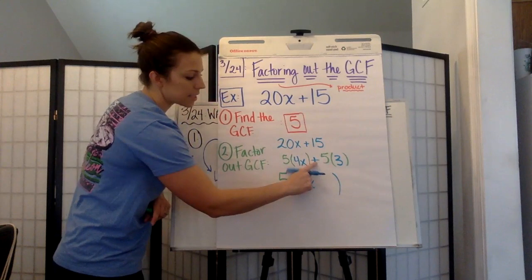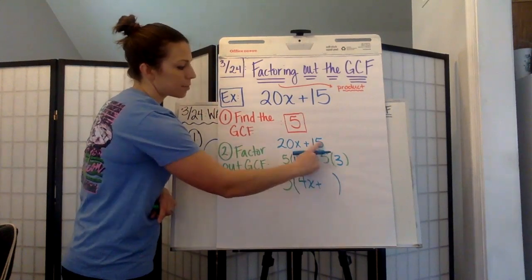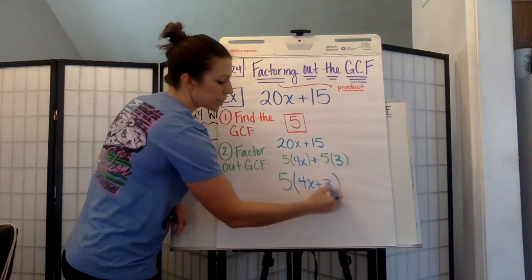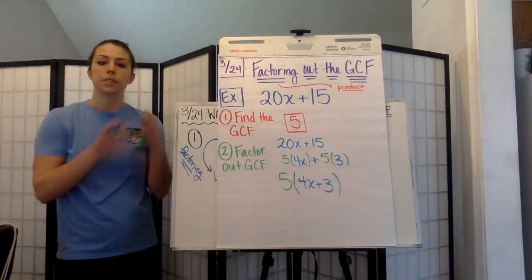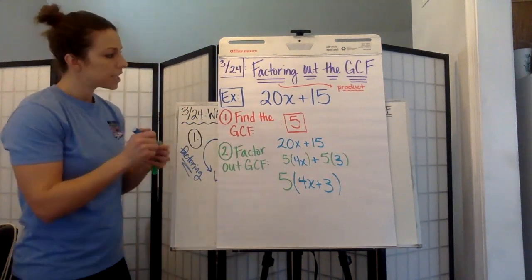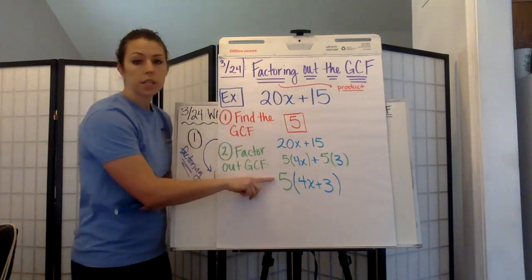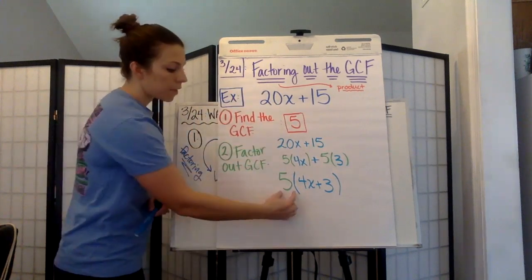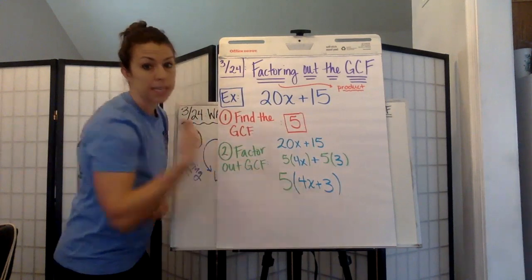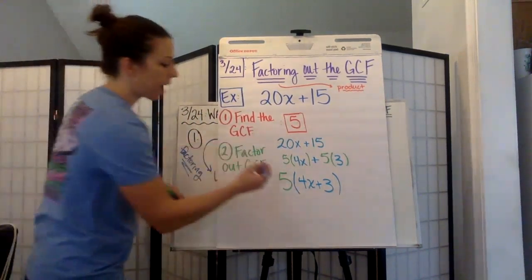And because this is a sum, we're going to maintain that structure. 5 times what gives me 15? 5 times 3. So it's the distributive property in reverse. We have now taken something that was a sum of 2 terms and changed it into a product of a common factor and a group that still has 2 terms. And that is called factoring.